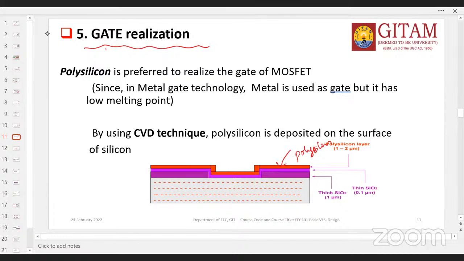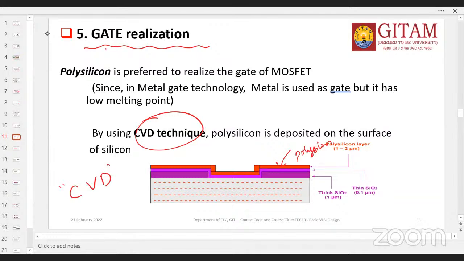That is called the CVD technique. If you want to do some kind of deposition on top of it, generally we use CVD, chemical vapor deposition. That means we put it in a gas chamber and allow the polysilicon gas atoms on top of it. It can form polysilicon.